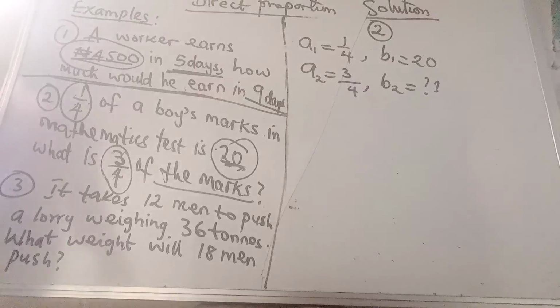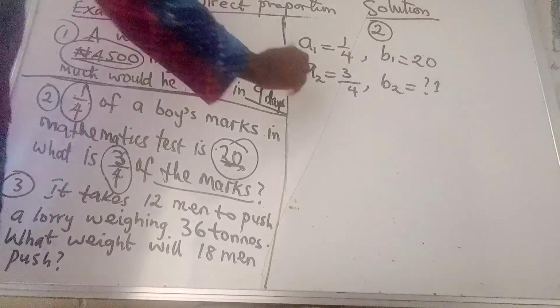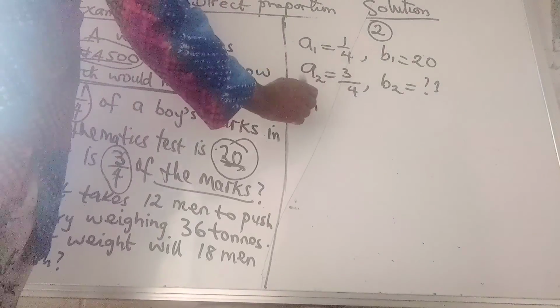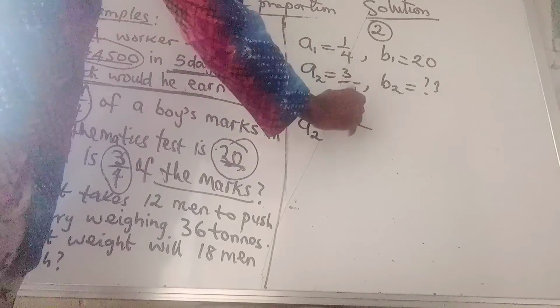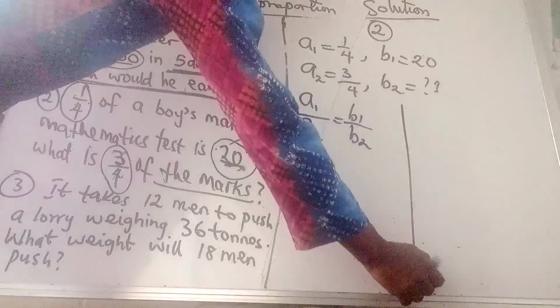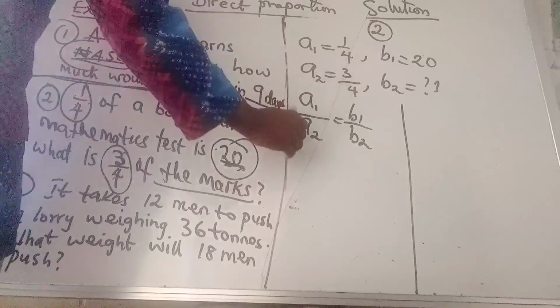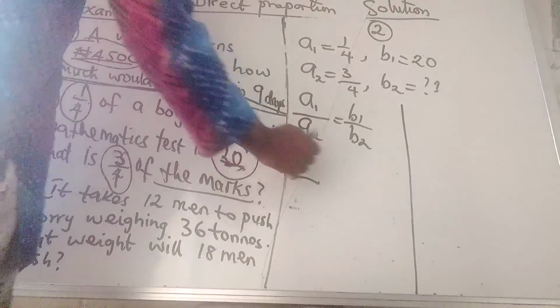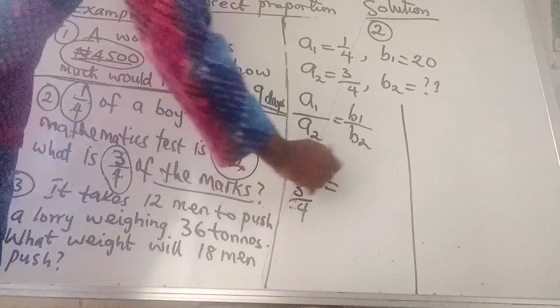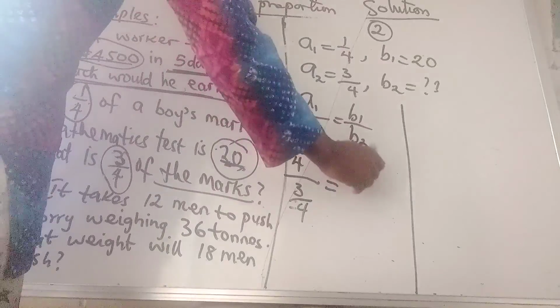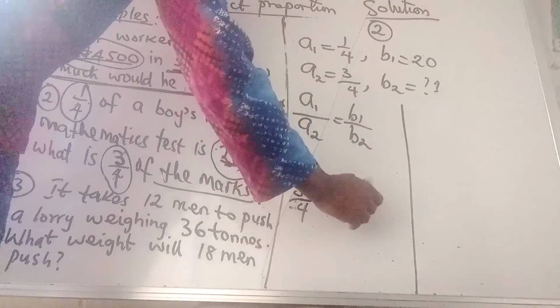We are looking for the marks. So now, using the formula again, A1 over A2 is equal to B1 over B2. What is A1? 1/4 all over 3/4 is equal to B1, 20, over B2.